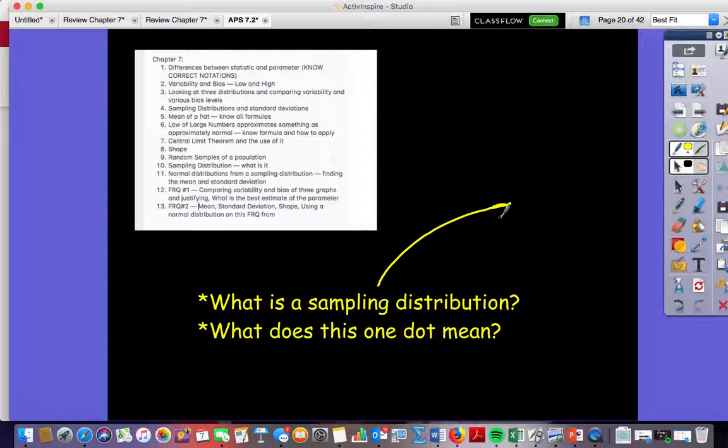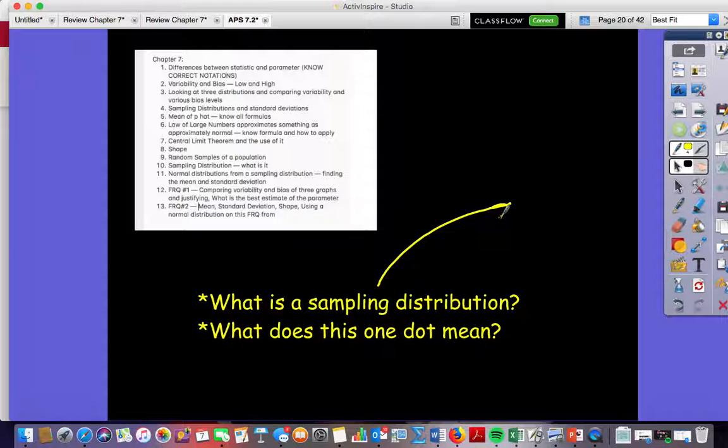I would give that to you today because I know it was harder to see. I would say for our p hat value, this would be one instance, one sample of size n, whatever our n was. We did 50. If you said 50, that's perfect. That sample would have a proportion of 0.4 oranges.